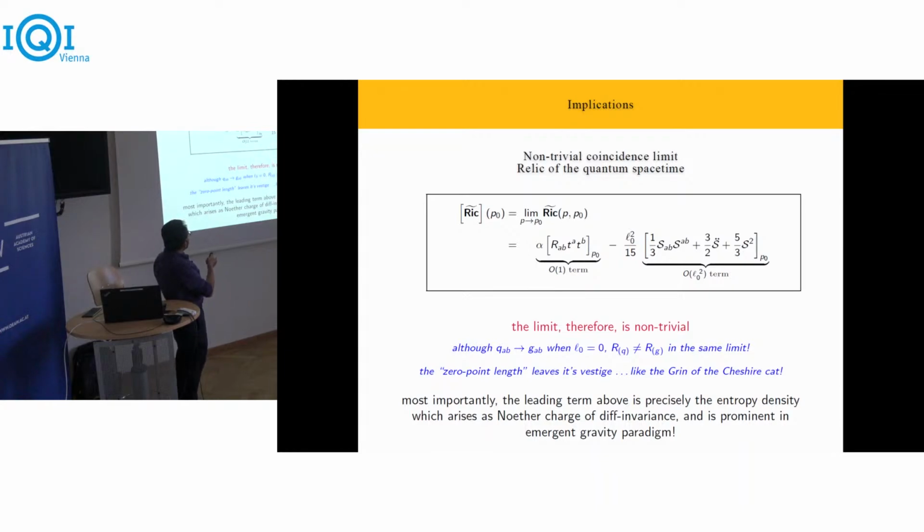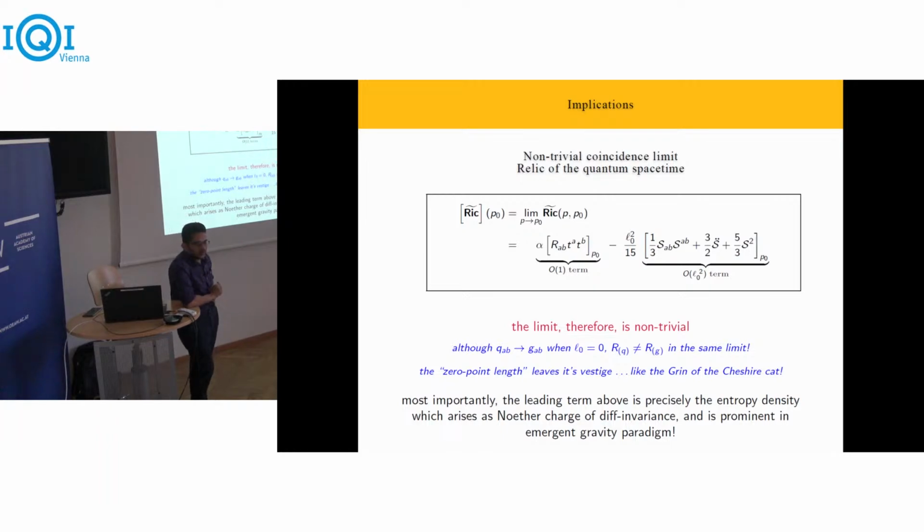You construct that Ricci scalar and take the coincidence limit now. First of all, you see that the coincidence limit is finite, but more interestingly you see that when you put Planck length to 0 in this coincidence limit, you get a residual which is not equal to the value of the Ricci scalar corresponding to the background metric.